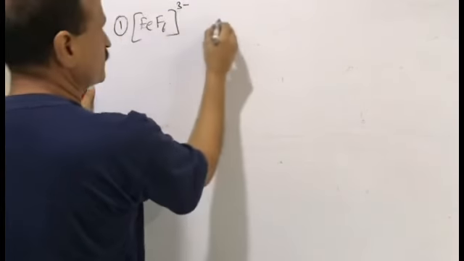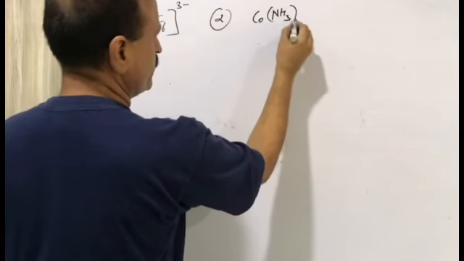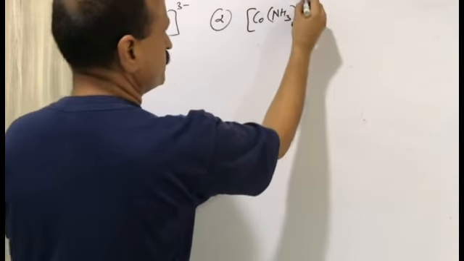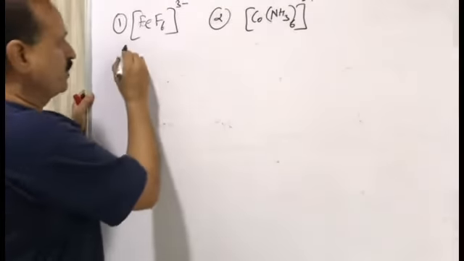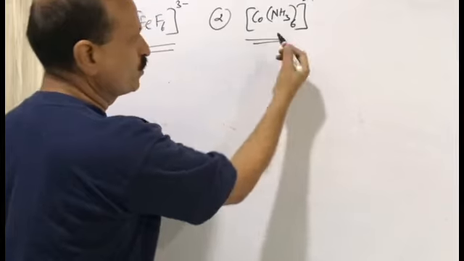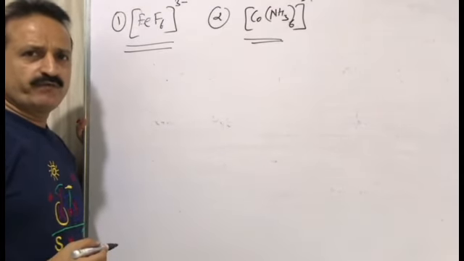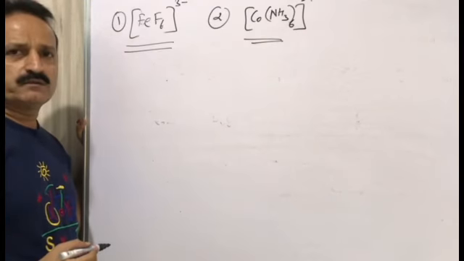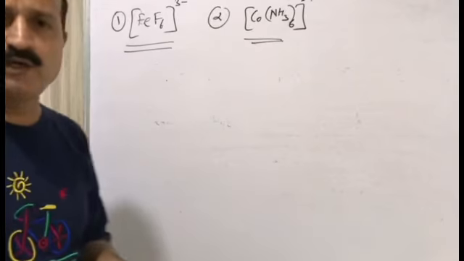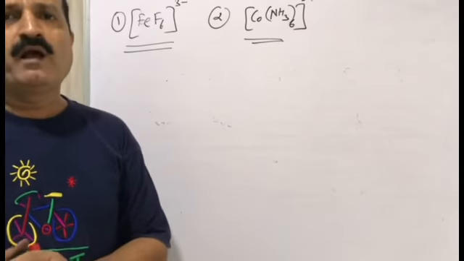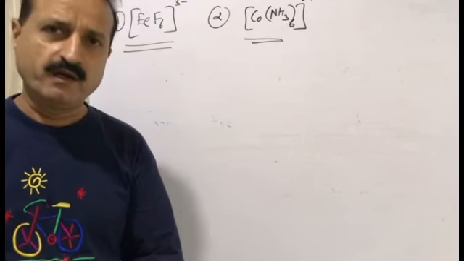Second is [Co(NH3)6] 3 plus. Try to solve these 2 complex ions, their electronic configuration, structure and magnetic property. Kindly revise my video lecture and send me homework 2 times without fail. Thank you very much.